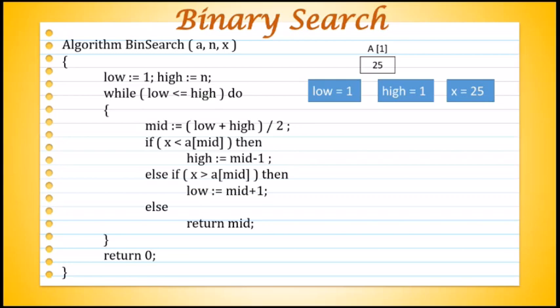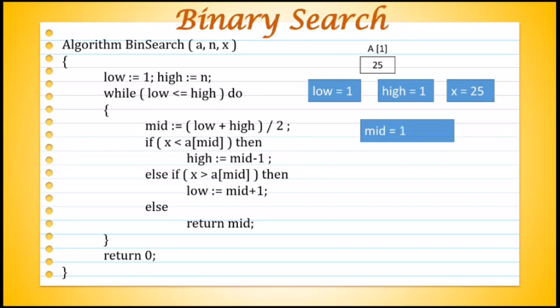This condition is true because 1 is equal to 1. So that means we will execute the while loop's statements. So first we are finding the mid value. So low plus high, that is 1 plus 1 divided by 2. The answer will be 1.